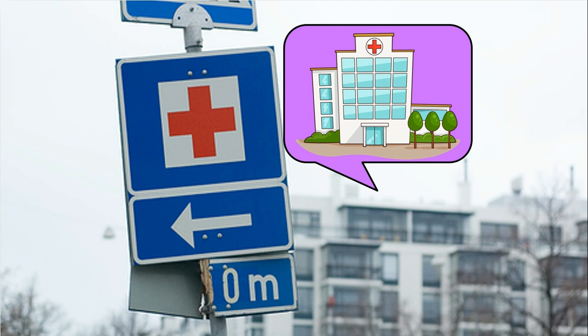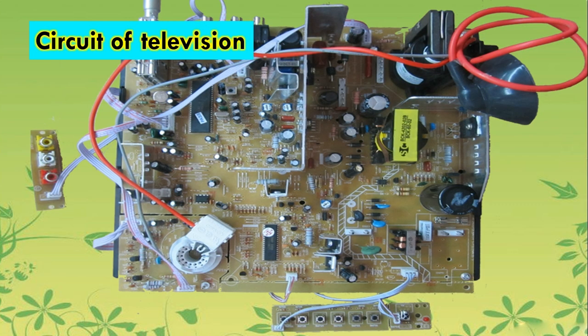For example, look at the symbol here. For a hospital we have a plus symbol. The plus symbol is for emergency purposes, is it right? Like that, in the circuit of a television you can see that this is a motherboard. In this motherboard, we have a lot of symbols, which are small devices, which represent how the current flows. The main purpose is to supply the amount of current which is required by a particular device.